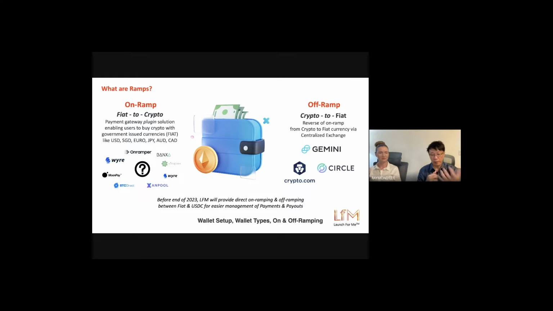The rates will include their processing fees, the gas fees, and so on. I can also give you the rate for wiring, and also ACH and SCP if you're interested, on the on-ramping side, and for off-ramping, how much it will cost to off-ramp on the central exchanges like Gemini and Crypto.com, for example.